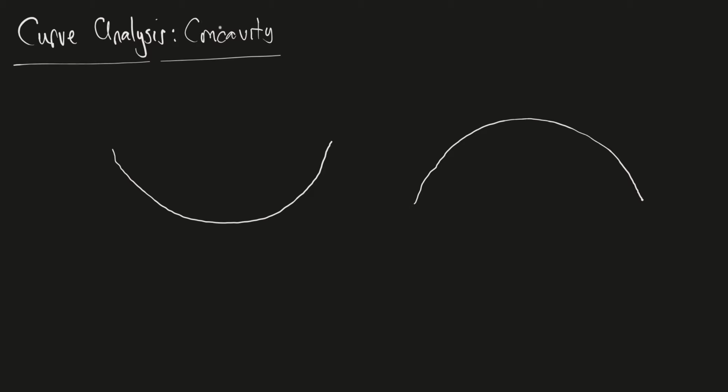But to introduce this idea of concavity, on each of these I am going to draw some tangent lines. I'm not going to extend them too far, but here are some tangent lines.